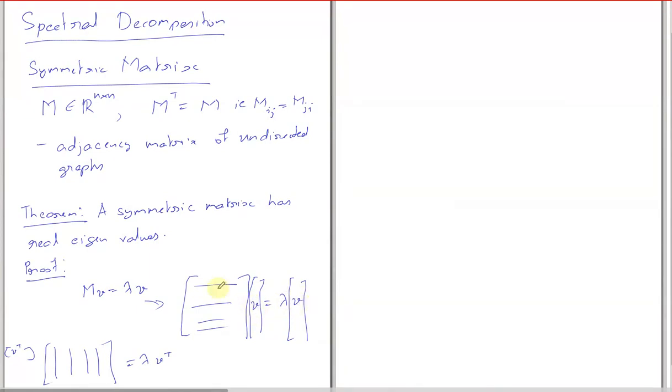You take the dot product of V with the first row, you get lambda times V1 here. You take the dot product of V with the second row, you get lambda times V2 here, and so on. Now, what is M transpose? You take the first row of M and make it the first column of M. That's what you mean by M transpose. You make rows equal to columns.